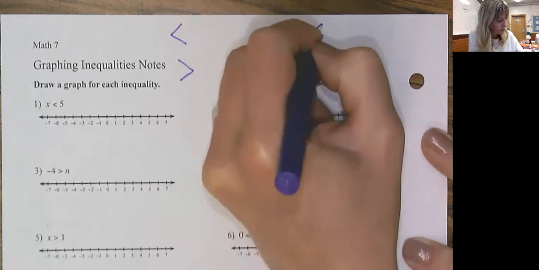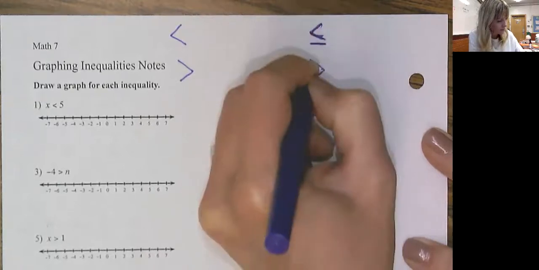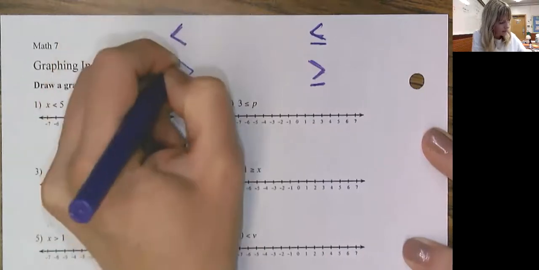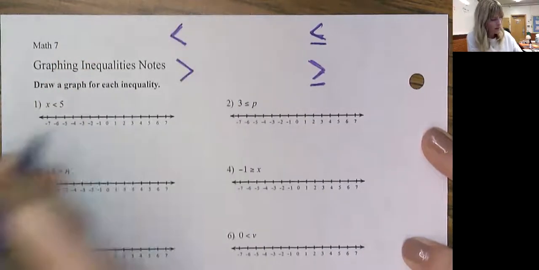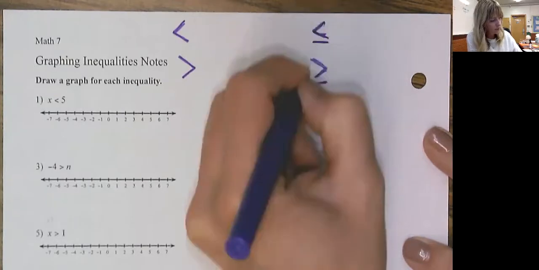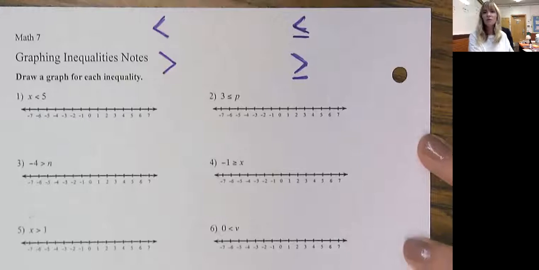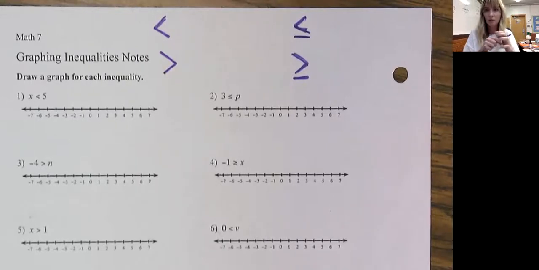This one should probably be a little more open to really look like what it looks like. So again, I have less than, I have greater than, I have less than or equal to, and greater than or equal to. Now there's going to be a certain visual representation we use to show these things, okay?